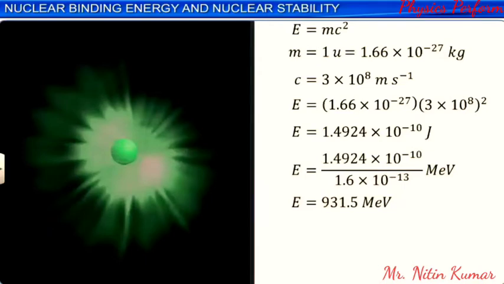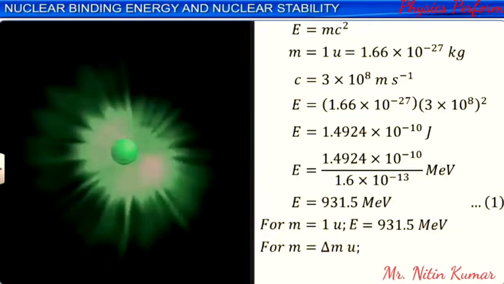For a mass of 1 AMU, the energy equivalent is 931.5 million electron volt. For any mass m equal to delta m, the energy equivalent is given by E equal to delta m × 931.5 MeV.